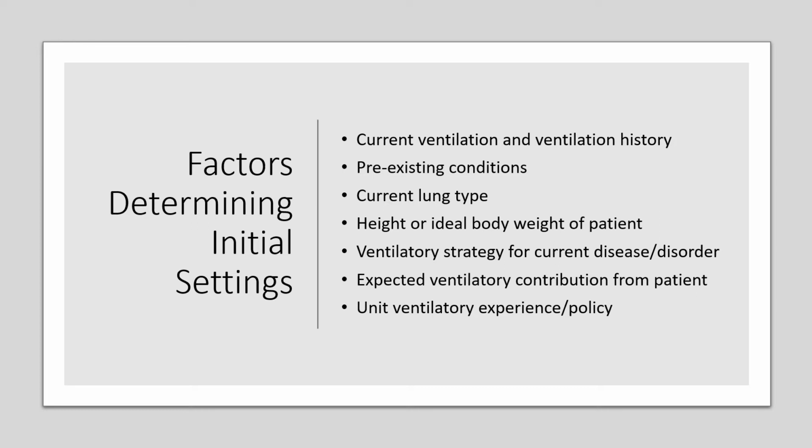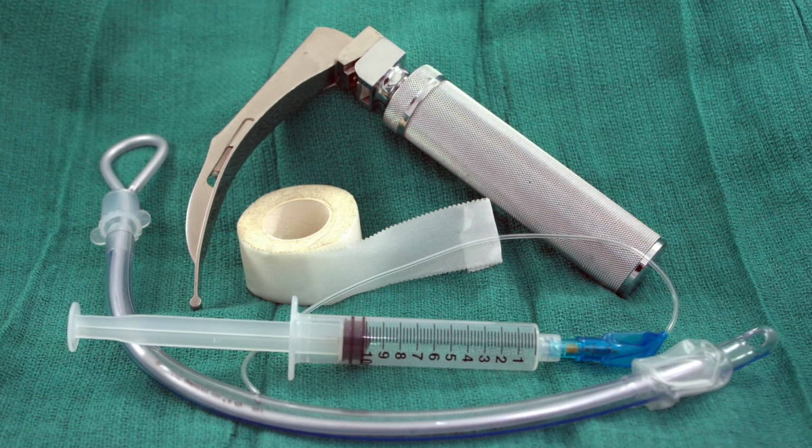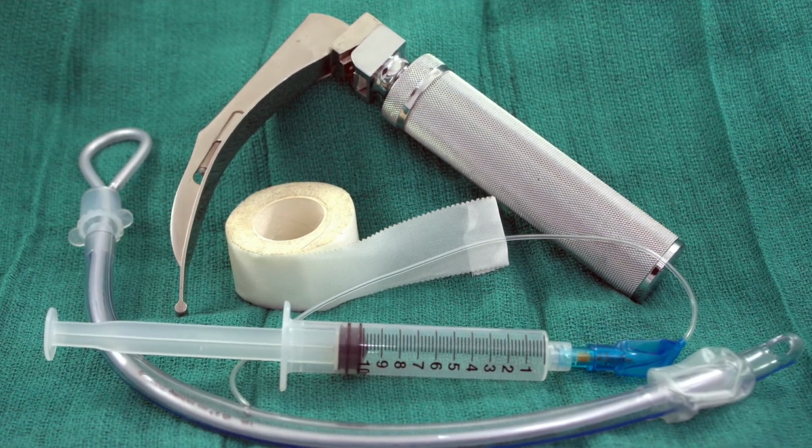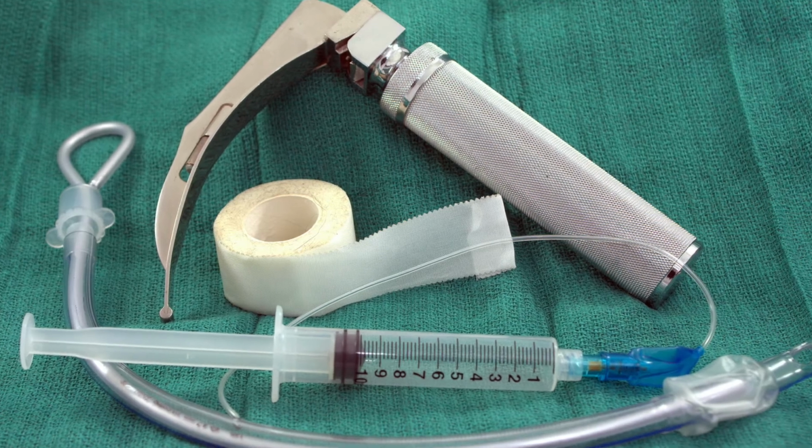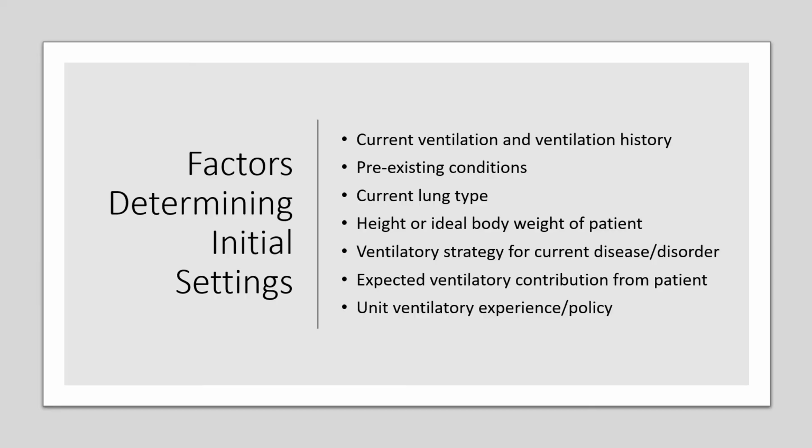They're usually intubated either in accident and emergency, or they come from operating theatres ventilated, or they're brought in by a retrieval team. These teams that have been looking after the patient before they got to us will have information that's useful for us. They'll have information about the intubation, whether it was difficult or not, whether he's been intubated before or not, and if he's been ventilated before, how easy or difficult that was.